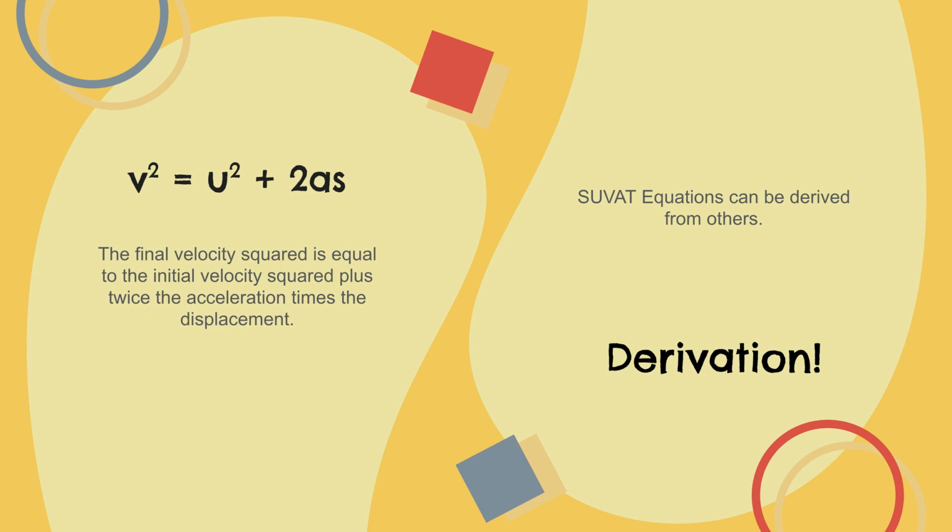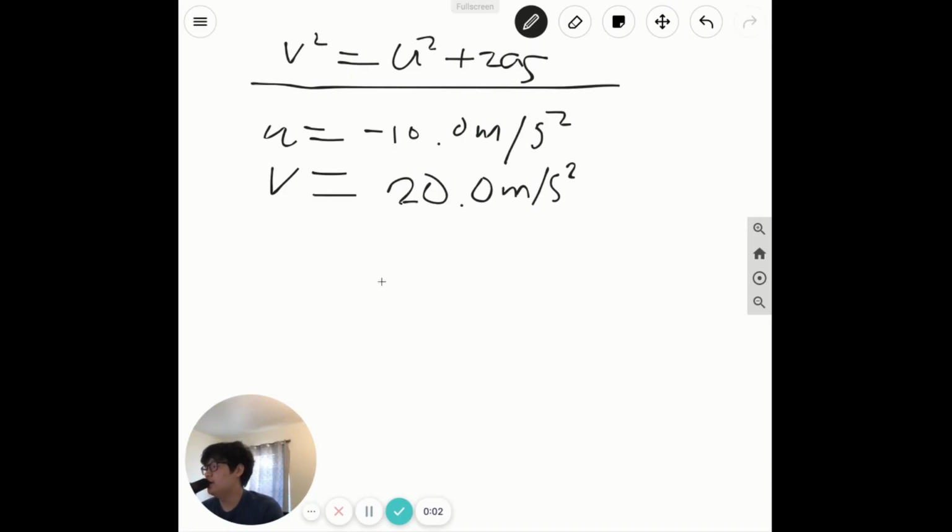And the equation thus becomes u squared plus a squared t squared plus 2uat equals u squared plus uat plus vat.